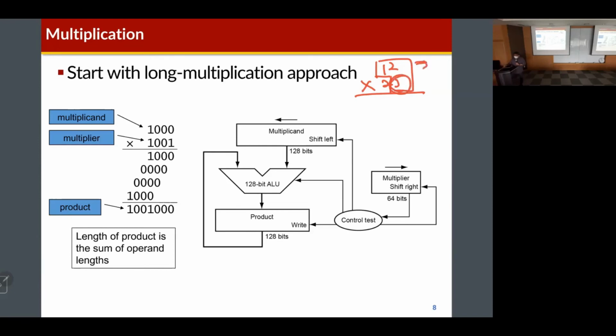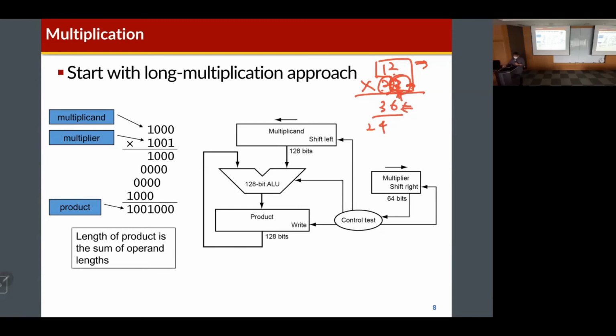This is called the multiplicand, and this is called the multiplier. The multiplication is performed for each digit of the multiplier. So we perform the multiplication of 12 by 3, which is 36. And then another multiplication is performed for the next digit of the multiplier, giving 24.